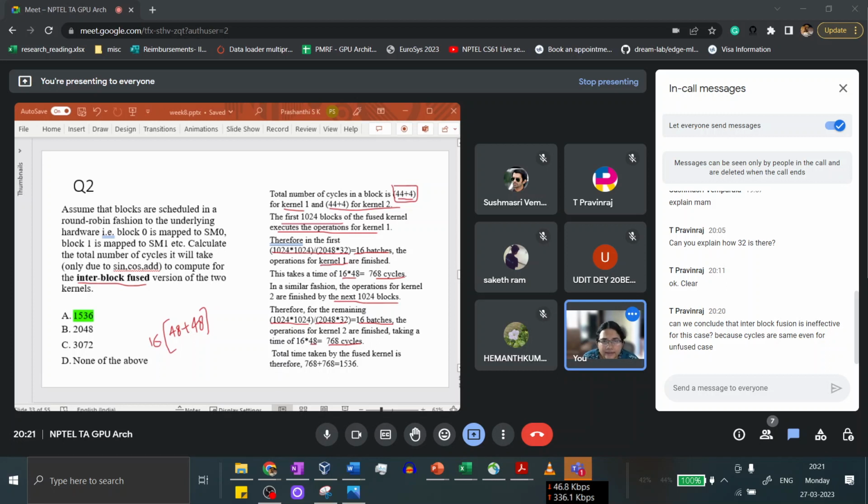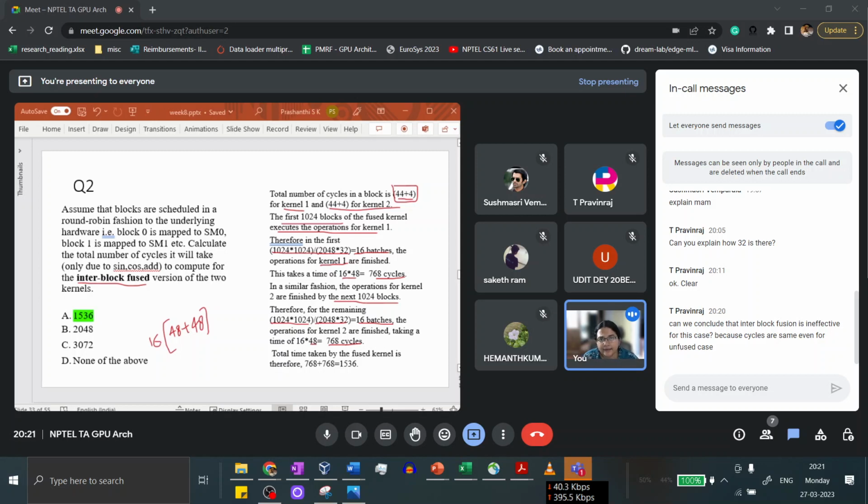Let me think about it and see if there's something else to consider. Yeah, I would say broadly that you can make the statement from the data given in this question.